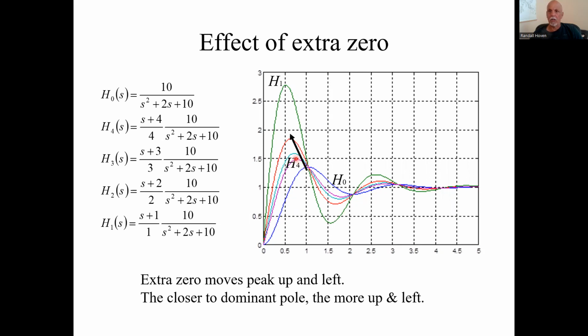Peak was higher and to the left. The closer you get to the real pole, the higher the overshoot and the more to the left. So you get quicker responses, but a lot more overshoot. And you can see these are pretty big differences. But if you know about those differences, you might be able to accommodate for them some.